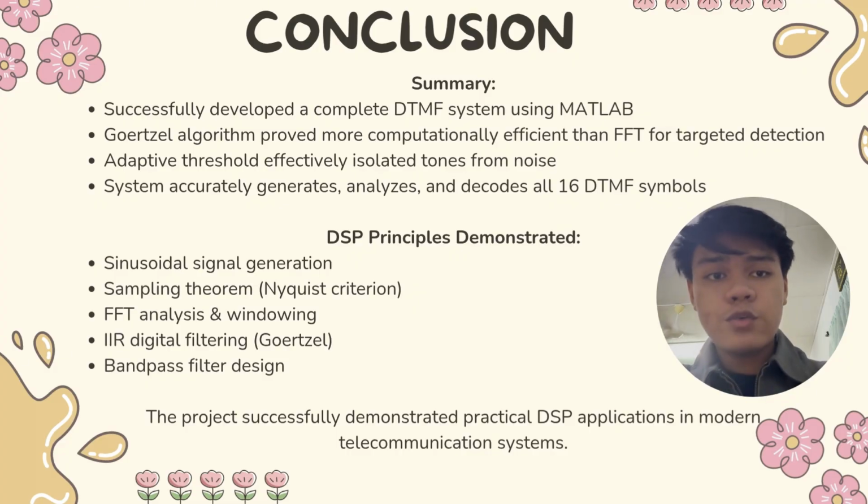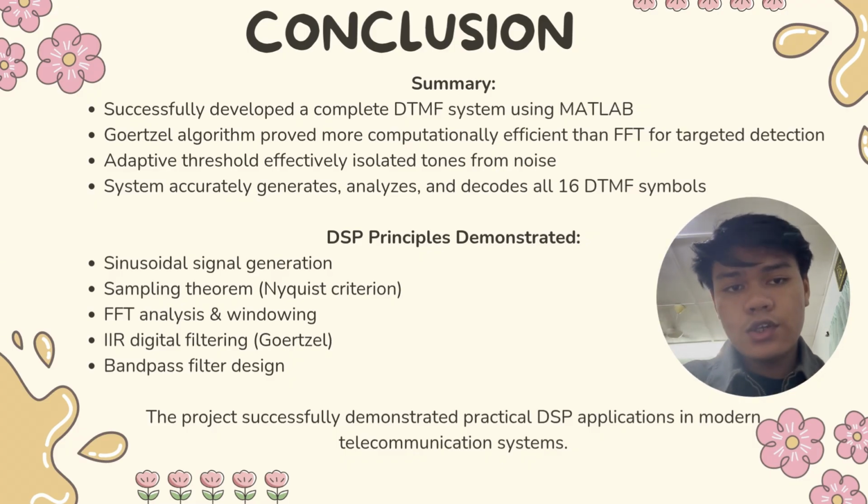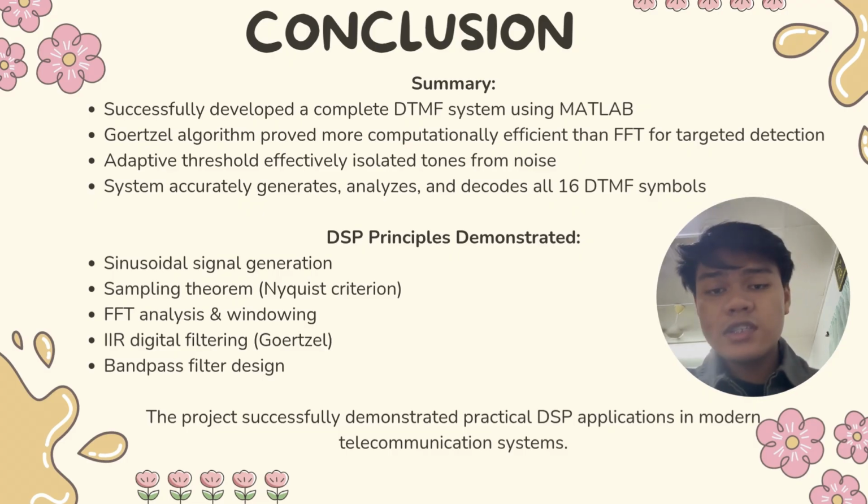Using MATLAB and GUI, we generate all 16 DTMF symbols. Each key uses one low frequency and one high frequency. For detection, we use the Goertzel algorithm with 8 filters and a block size of 205 samples. It's more efficient than FFT because it only checks the 8 DTMF frequencies.